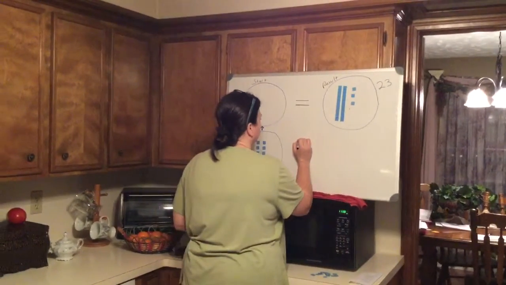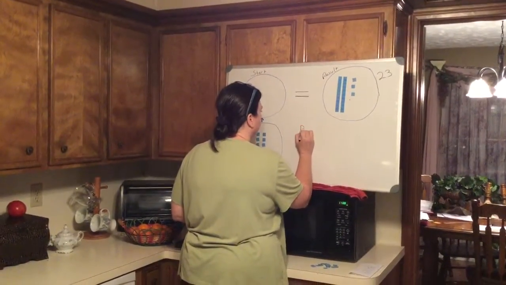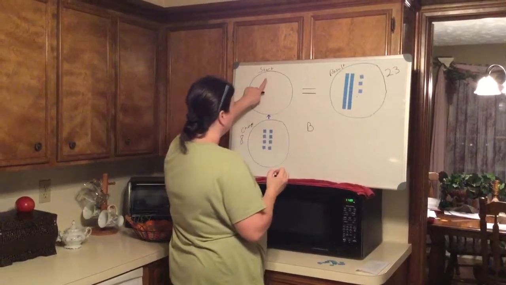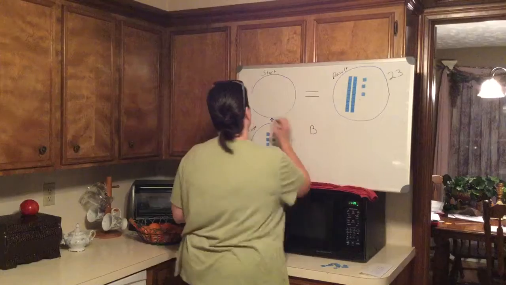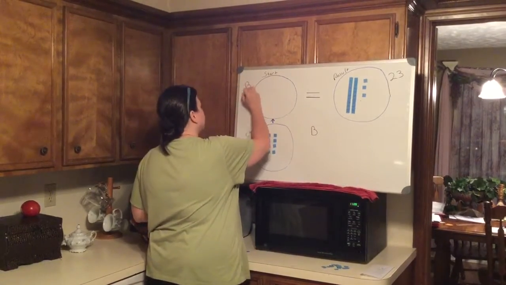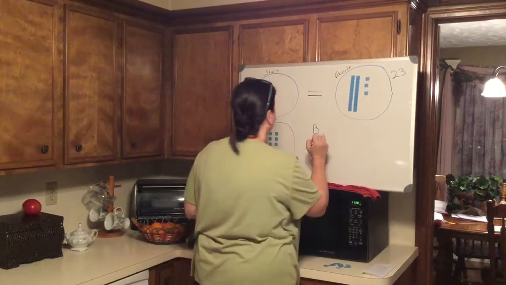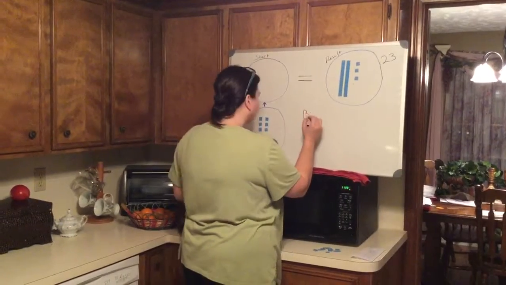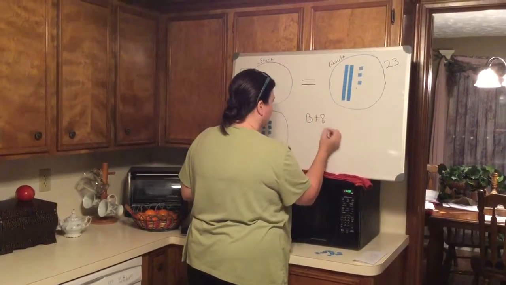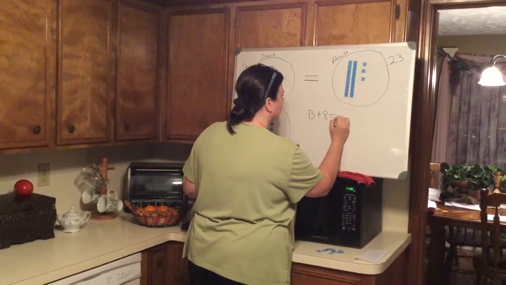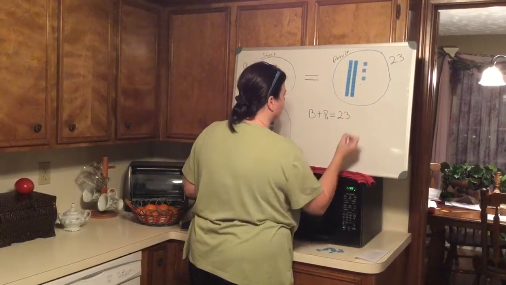We can represent this problem by saying we're going to use B for balloons. That's our start amount. I'm going to put a B here to help us remember that that means balloons. Cindy received 8 more balloons, and her result is 23.